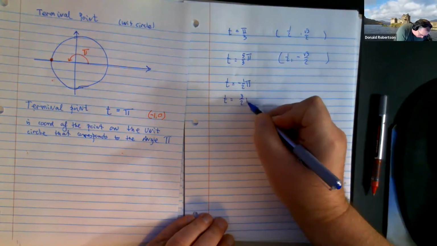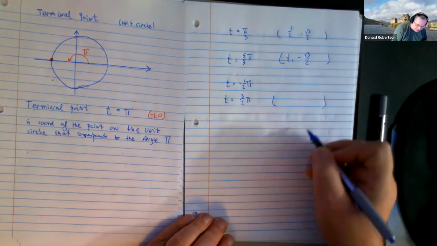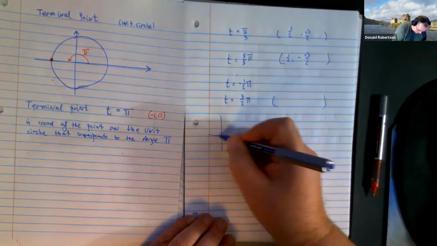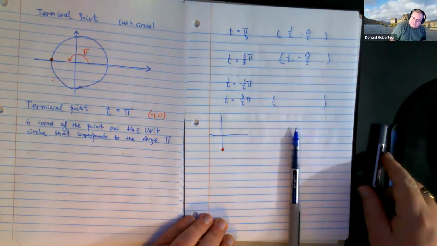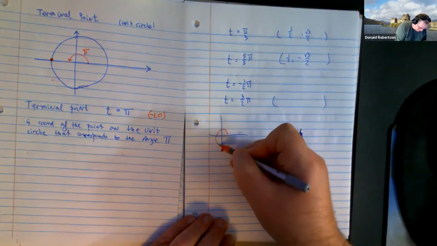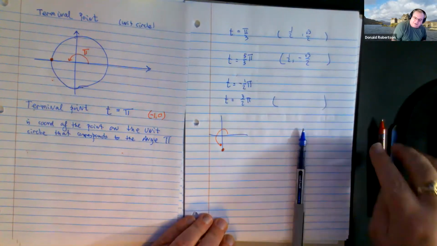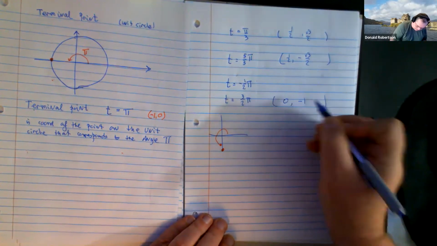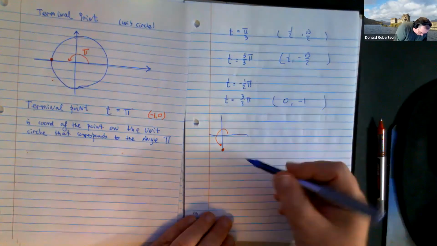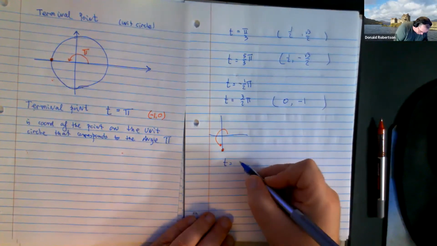And if you do 3/2 pi, can't you now see that it's essentially that guy there, isn't it? Right. And that guy there has coordinates, I believe, 0, -1. How about this terminal point.